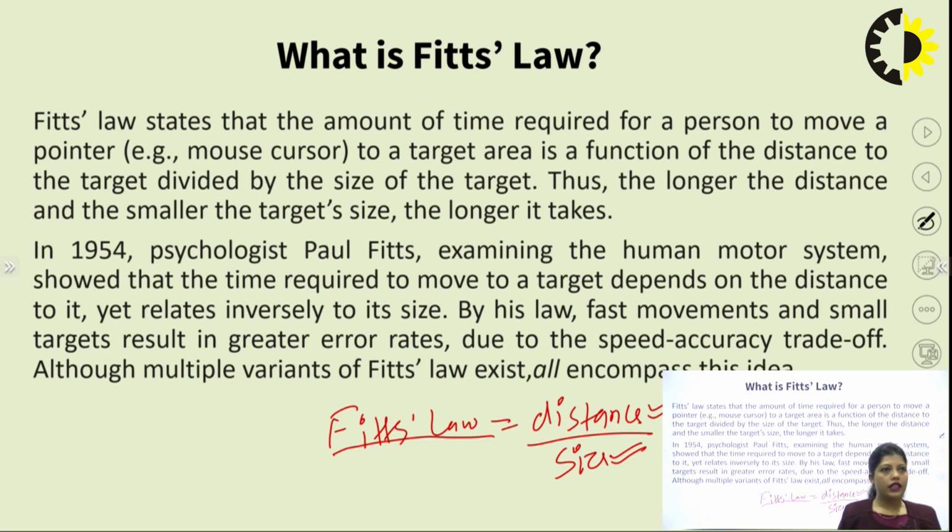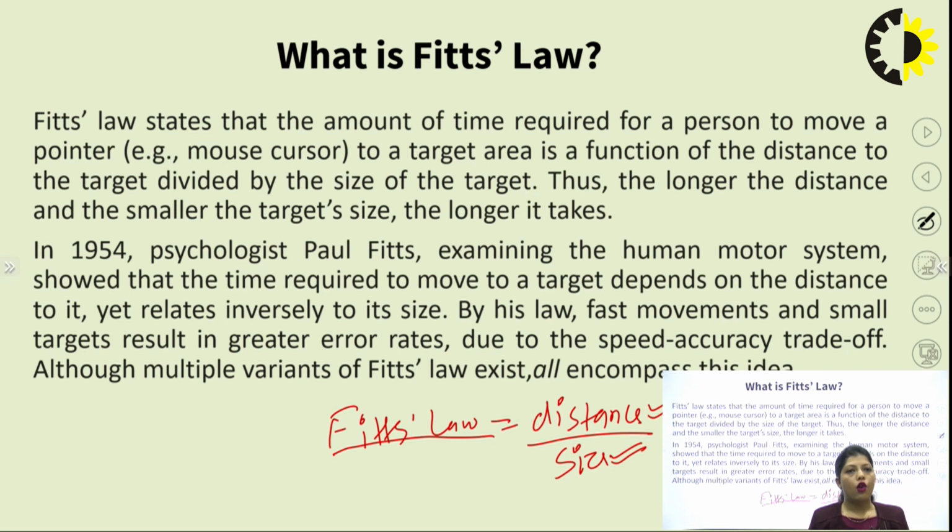By his law, fast movement and a small target result in greater error rates due to the speed accuracy trade-off. Although multiple variants of Fitts law exist, all encompass this idea.